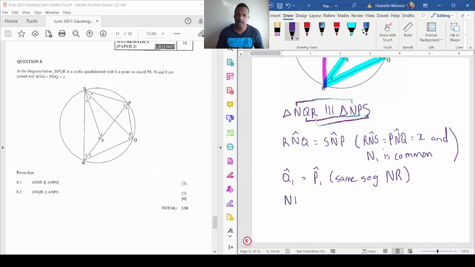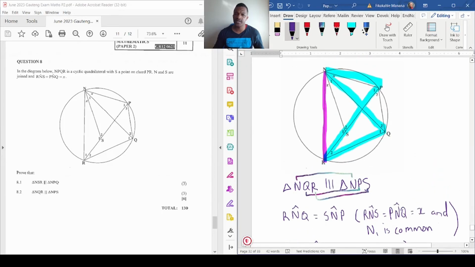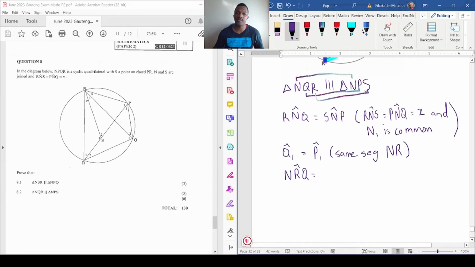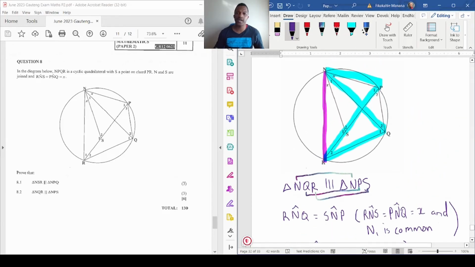NRQ is equal to, and then the S, what's that S? It's actually just S2. At least that one has been named S2. Remember where I found it.